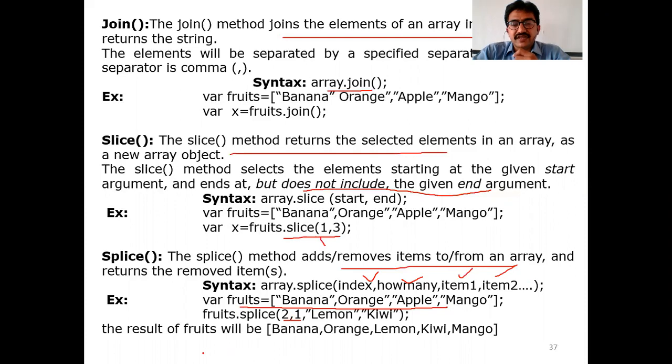In the same fashion, in fruits dot splice, 2 indicates the index, and 1 indicates the number of items that need to change, then lemon, kiwi. So it is adding at the second position.